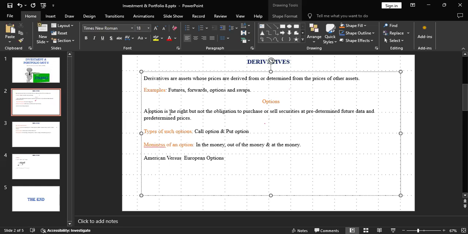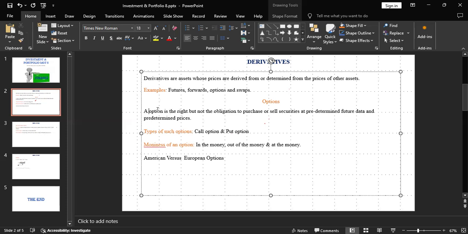So the price that they agree on, on which they are going to execute the contract and the transaction, is called the strike or exercise price.